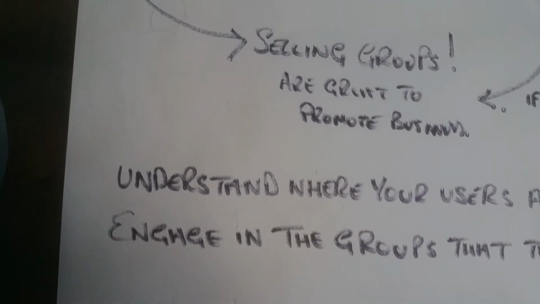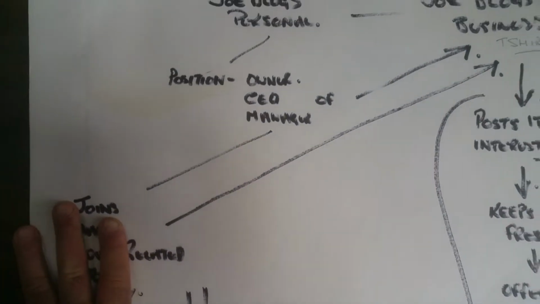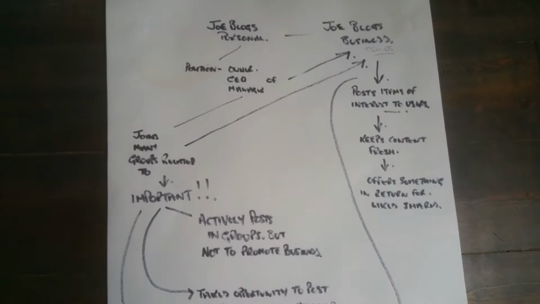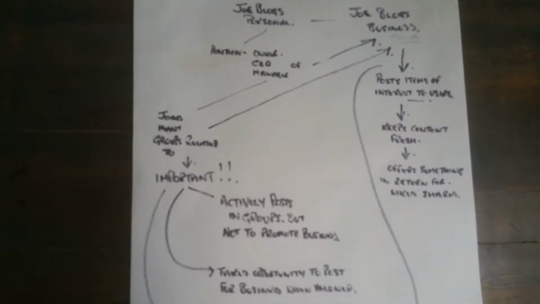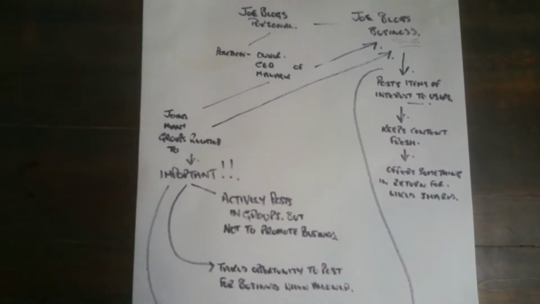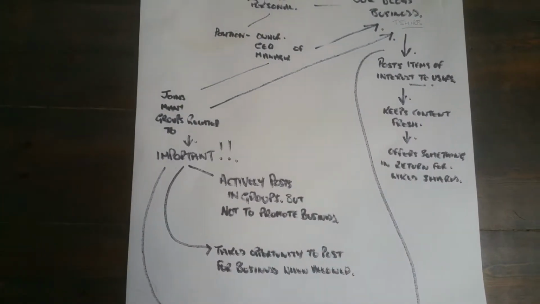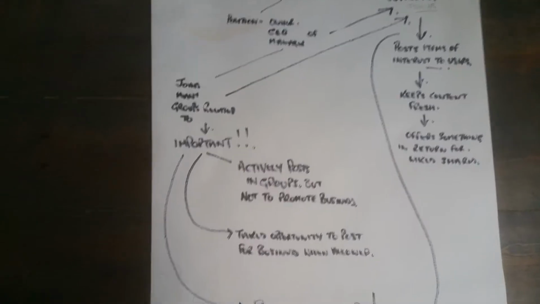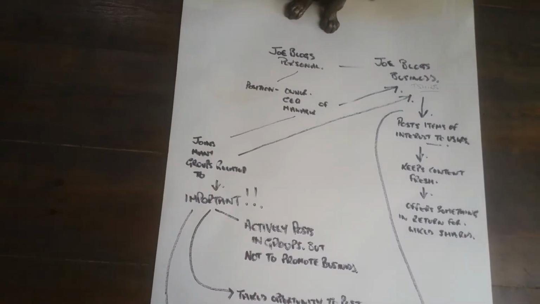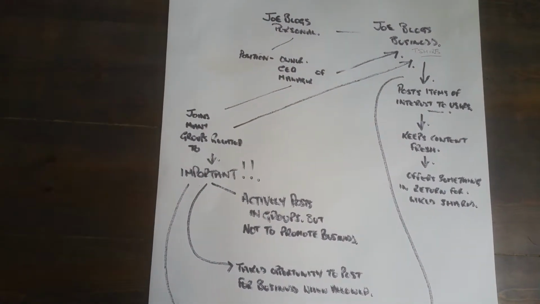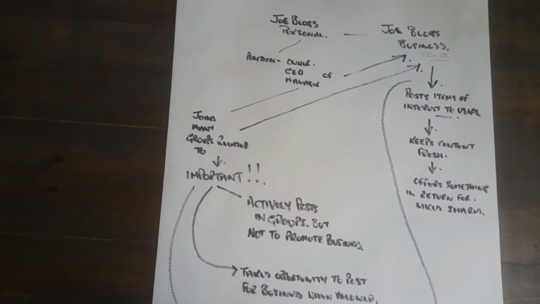If you do that as a starting point, you will find that you will get people tracking back. Some people will like your page, some people will follow your page, but overall you will end up with people starting to engage with your personal site.